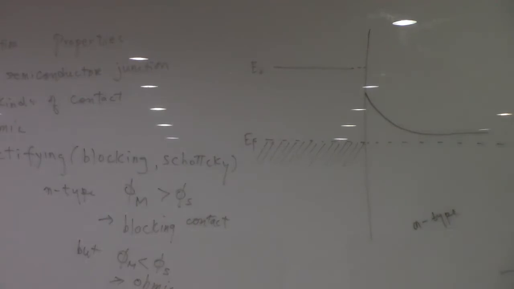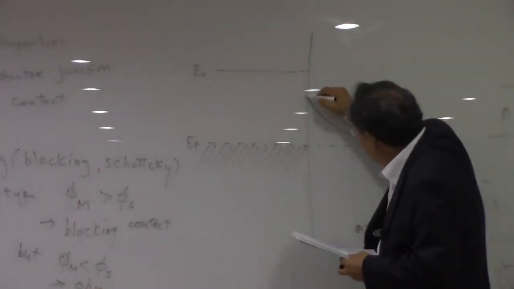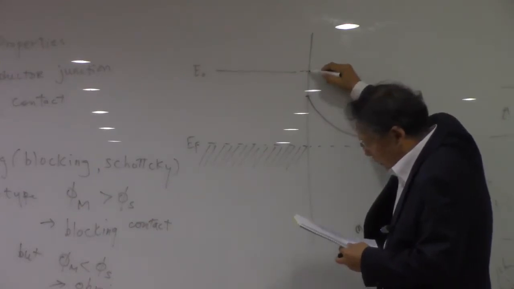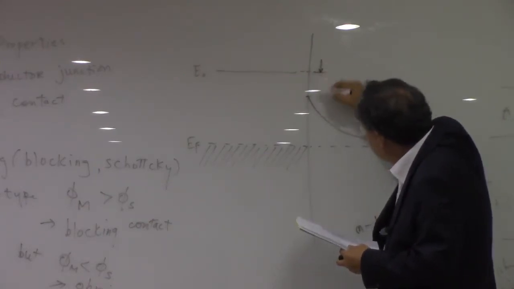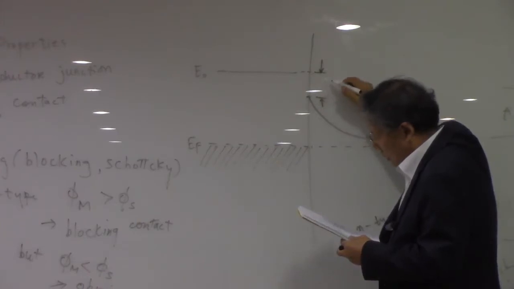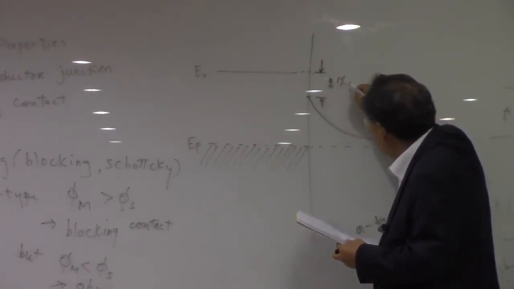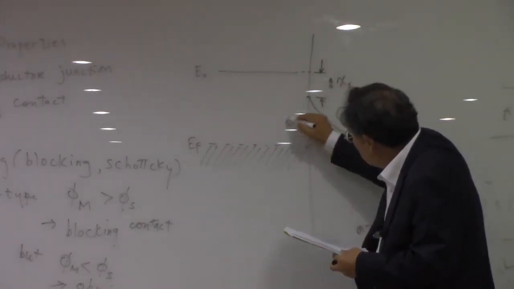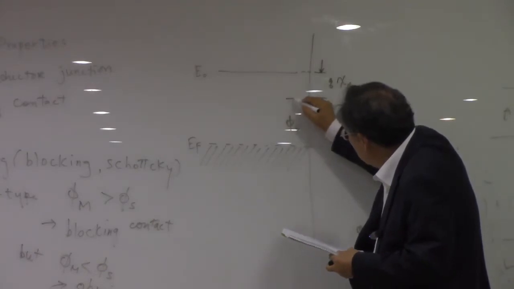If you make a junction of an N-type semiconductor to this, then the band bending in this much is going to be called chi-s, and this is the energy barrier.